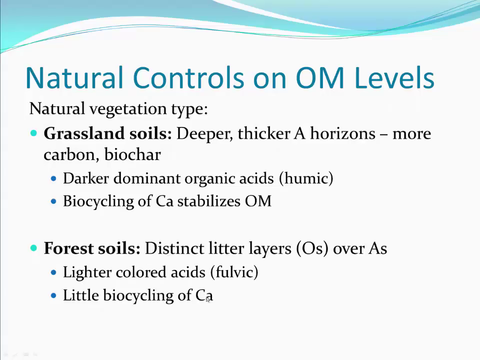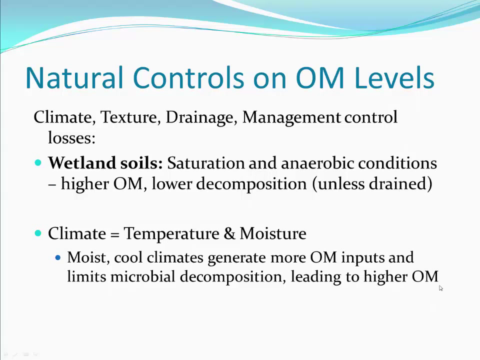So there's very little biocycling of calcium in a forest soil. In fact, most forest soils have very little calcium to begin with. But in forest soils, we have lighter colored acids, and they're called fulvic acids for the most part. And so we just don't get the dark colors in these forested soils.